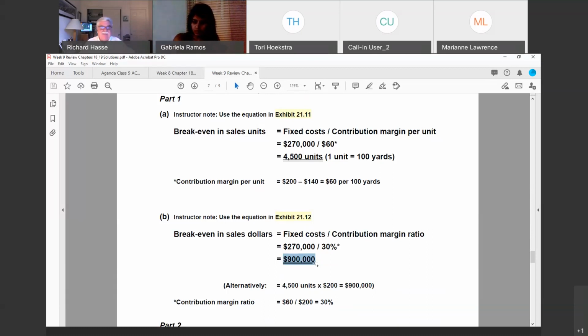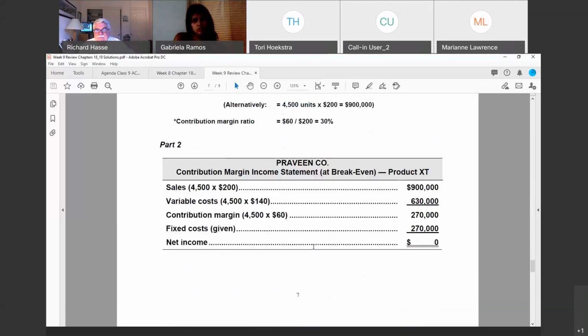Now, the last thing I need you to know from all this: if you notice in the problem in part C, they ask you to put together a contribution margin income statement for this company. And this is it here. This shows us what our break-even point is. If we sell 4,500 units, which Tori told us earlier, at $200, we're selling $900,000 of sales.